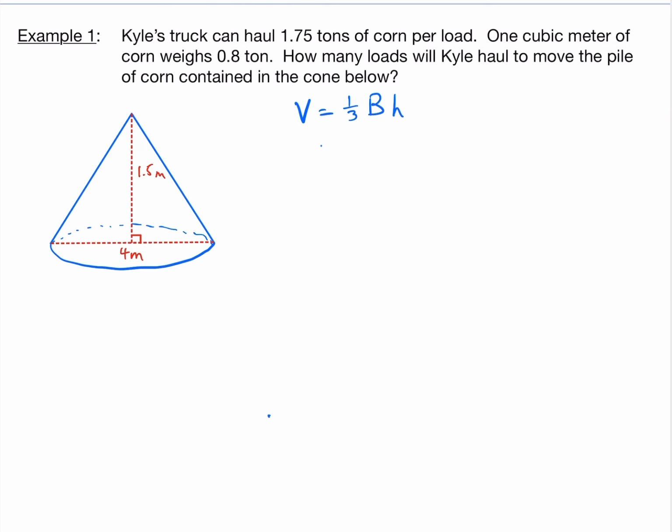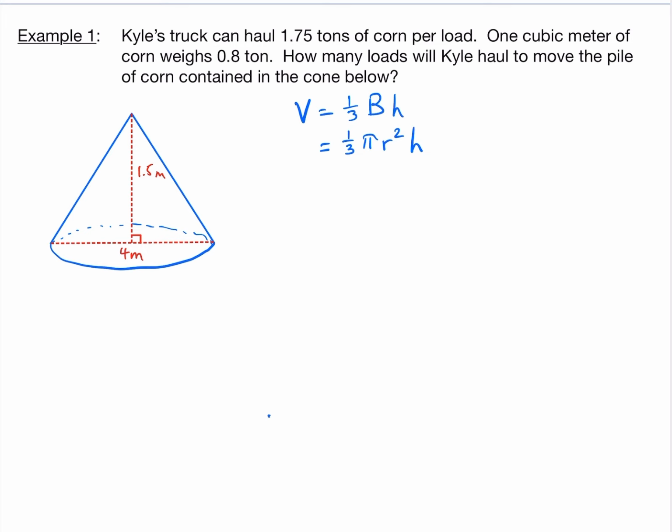The area of the base is circular, so we would have to find the area of this circle, and that's going to be pi r squared. So we can go ahead and rewrite this equation as 1/3 times pi r squared h. Okay, now let's go ahead and substitute some of these variables with the values given.